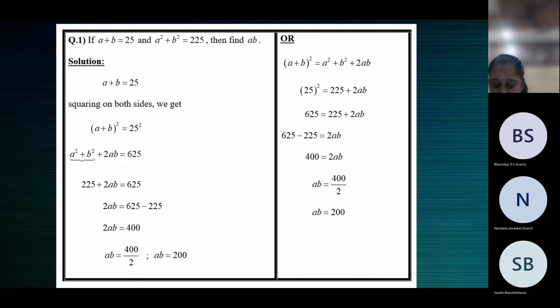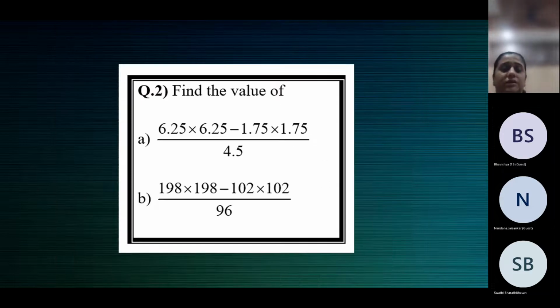Done, children? Yes, ma'am. Okay. So find the value of whatever expression is given here.